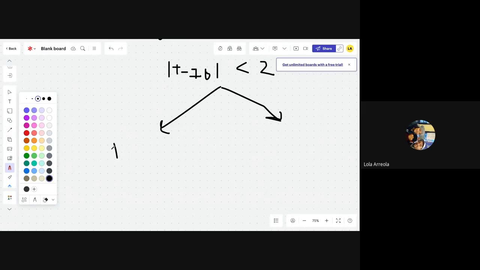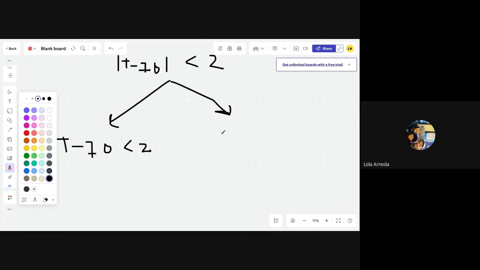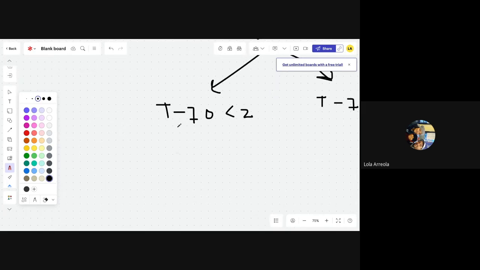So now one is just exactly the same, just removing the absolute value, right? The other one has 2 differences. So I still have t minus 70, but now I flip the sign and make it negative, or the opposite value, right? Flip the sign, make it the opposite value. And I just solve for t.